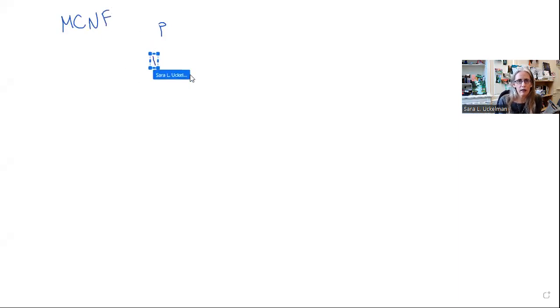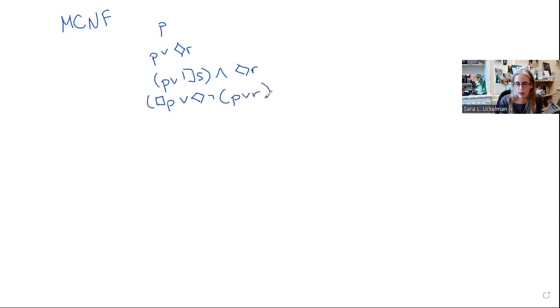P. P or possibly R is in modal CNF. P or necessarily S and possibly R is in modal CNF. And then one last more complicated thing: necessarily P or possibly not P or R, or not P implies Q, and possibly P or possibly R.